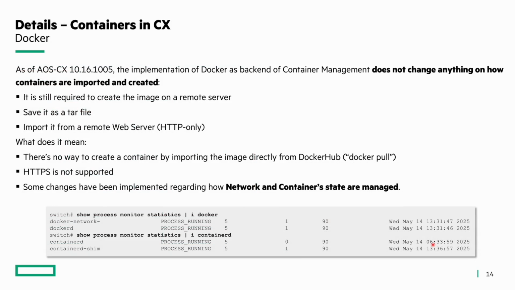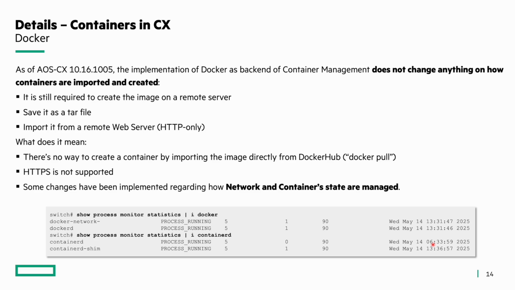So as of AOS-CX 10.16.1005, the implementation of Docker as backend of container management doesn't change anything on how containers are imported and created. It still requires creating the image on a remote server, saving it as a TAR file, and importing it using a remote HTTP server.